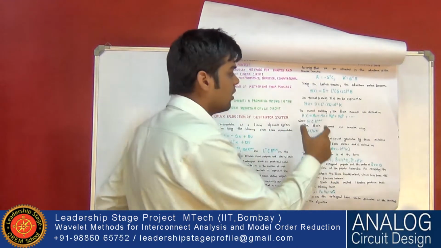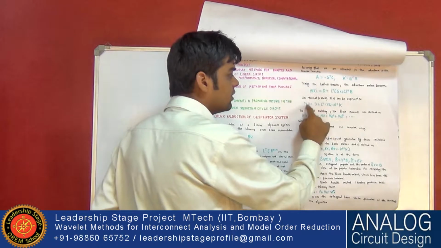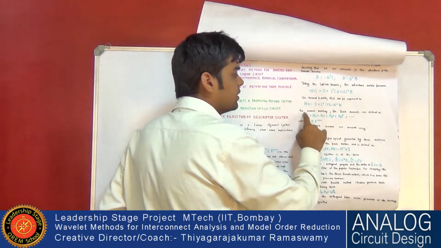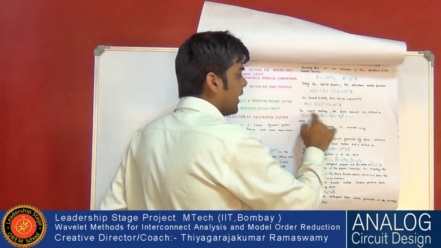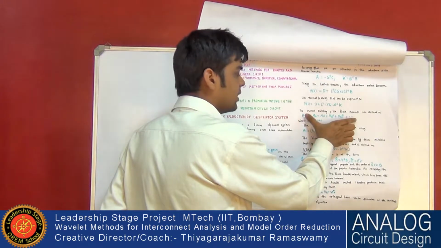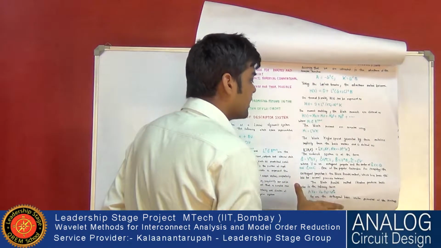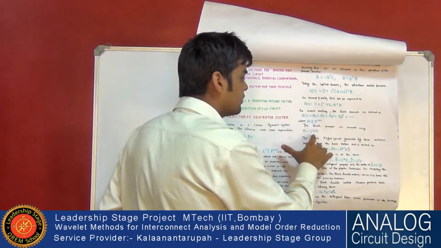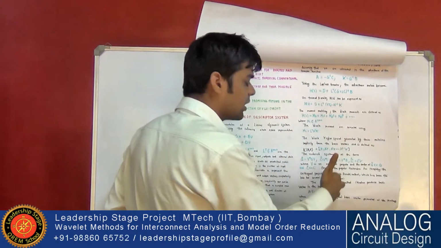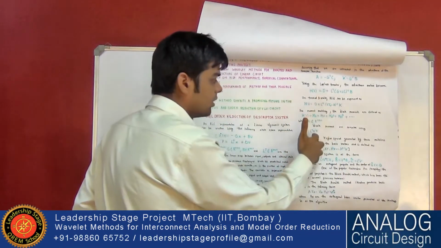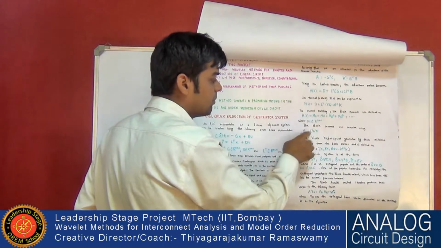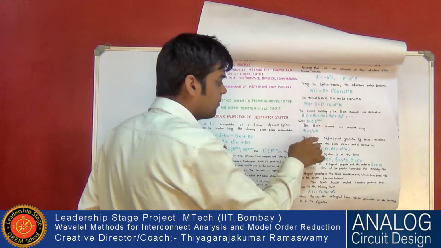So by using Taylor series expansion, we can represent this transfer function in this way, and this representation is known as the moment matching method. The moments M0 and so on are calculated using a formula. There is a derivation for this, how this comes.